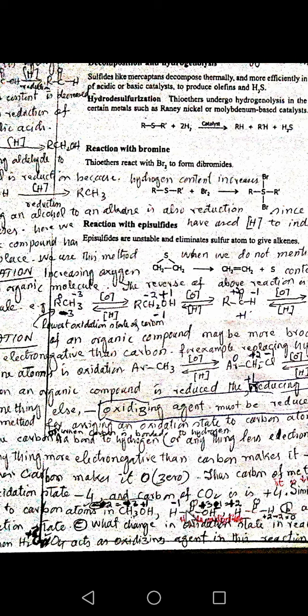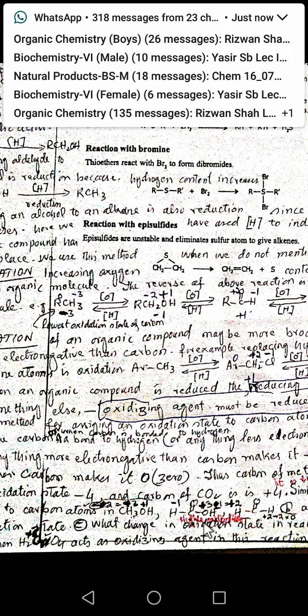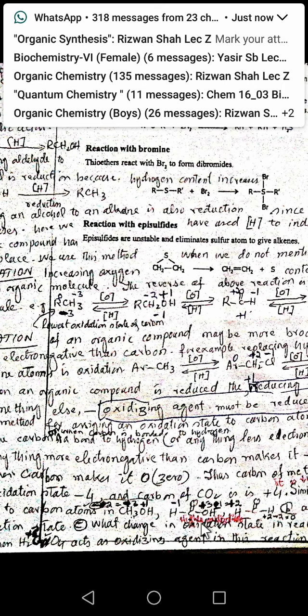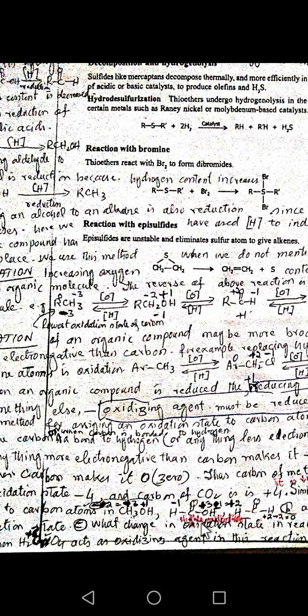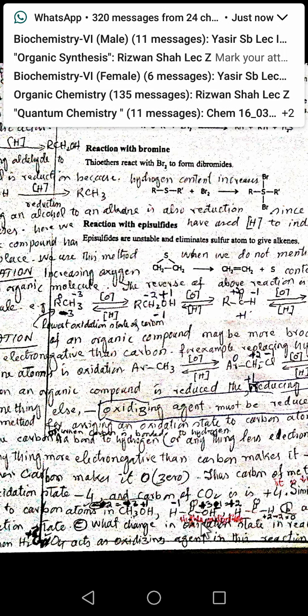And for hydrogen -1, so the net will be +2. Other examples can also be seen, but keep the difference in mind. We take the oxidation state of hydrogen as +1 in all inorganic cases.